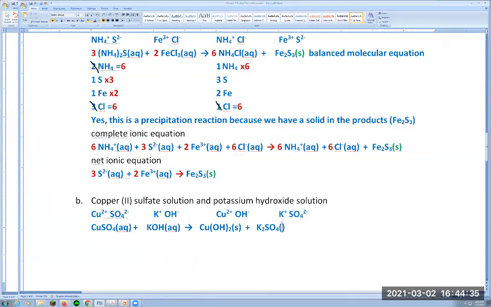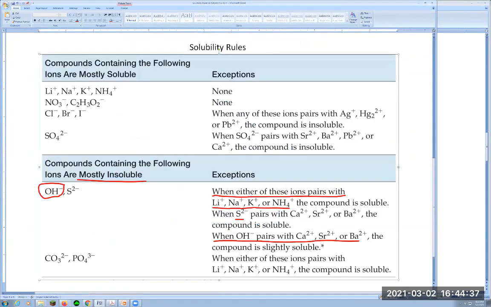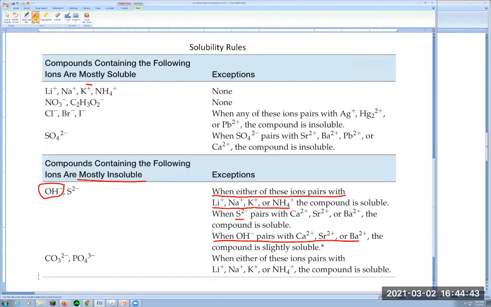Again, I don't know yet if it's soluble or not. So let's look at the solubility rules. We have K plus here. It's mostly soluble with K plus and there is no exception. And you can even confirm with the sulfate here.